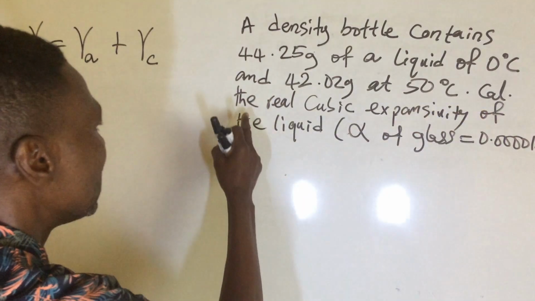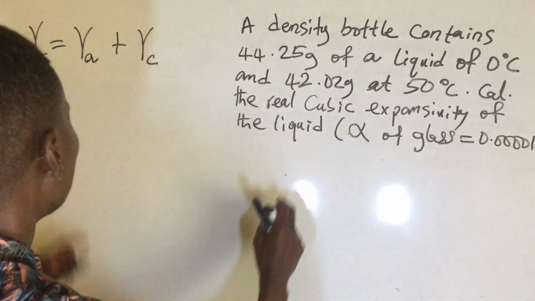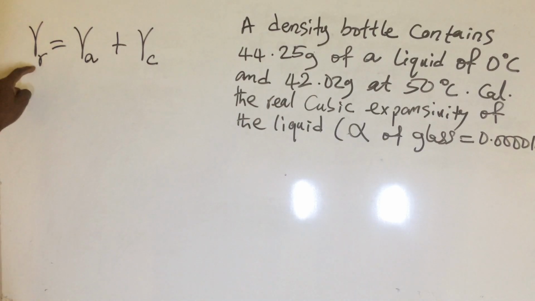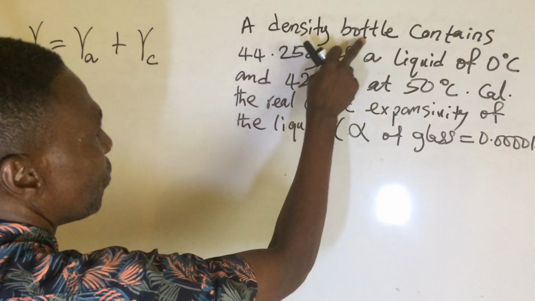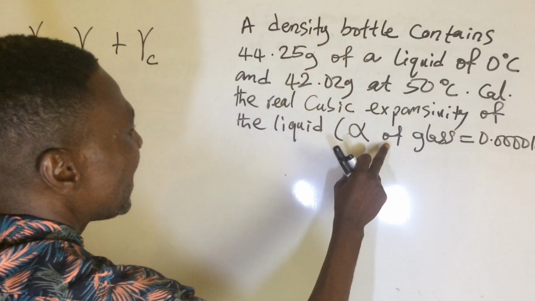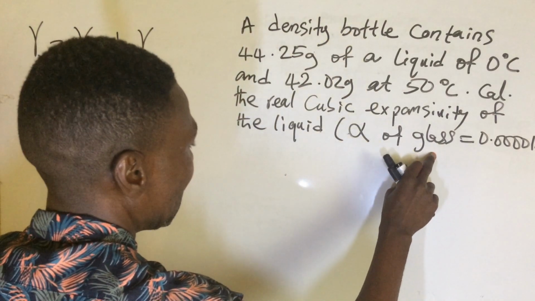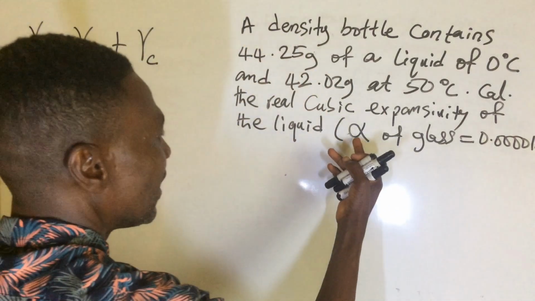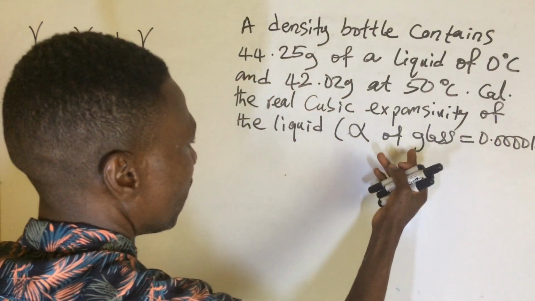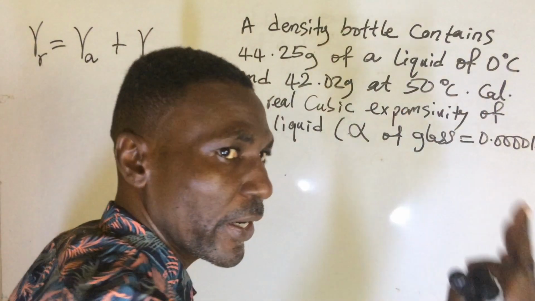Calculate the real cubic expansivity of the liquid and the linear expansivity of the glass, because it's a density bottle. The density bottle is made of glass, so the linear expansivity of the density bottle is 0.00001 per Kelvin.